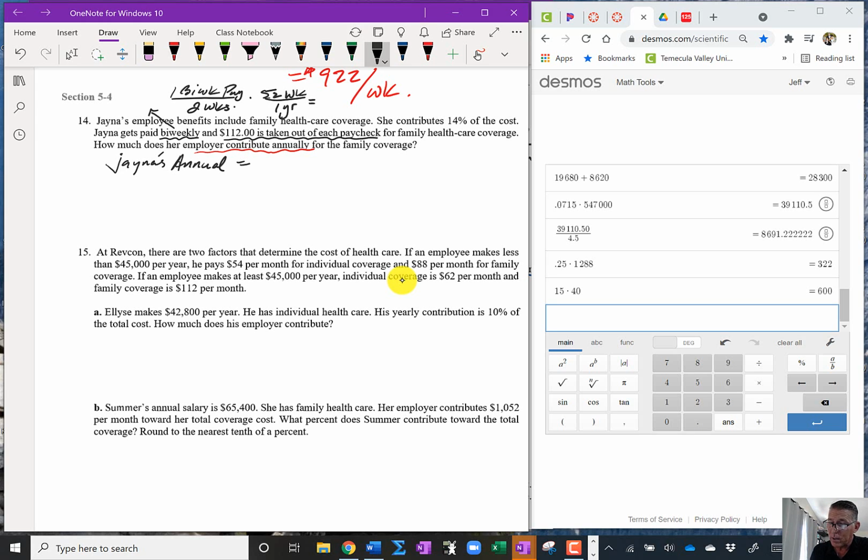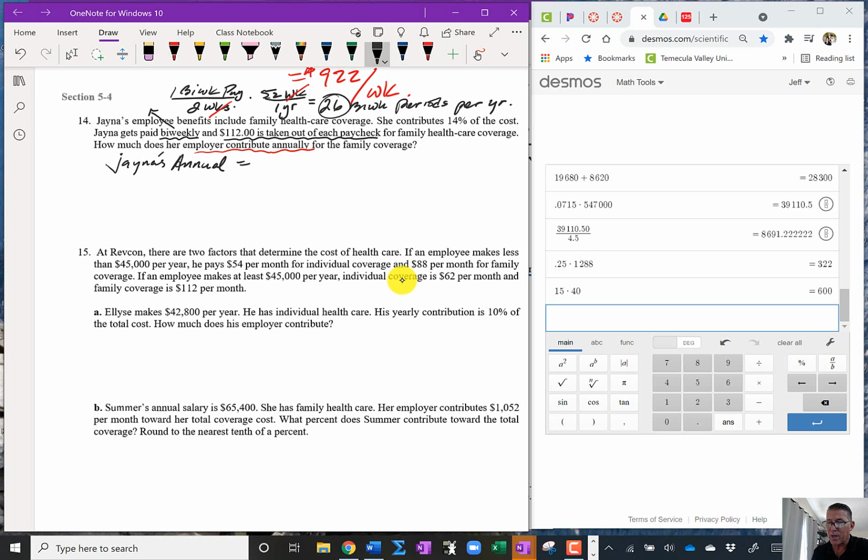So to get her annual contribution, we need to take $112, which is per biweekly check, and multiply it by 26, because she does this 26 times in a row. This will give us her annual contribution.